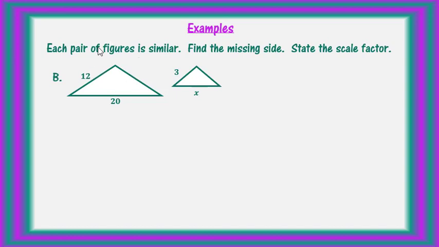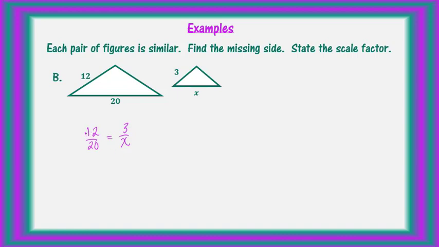Next, we have B, a triangle, or two sets of triangles. So we're going to do the exact same thing. 12 divided by 20 equals 3 divided by x. This time, I'm going to actually reduce the fraction first because we know that 12 and 20 do have common factors. The GCF, or the greatest common factor, of 12 and 20 is actually 4.